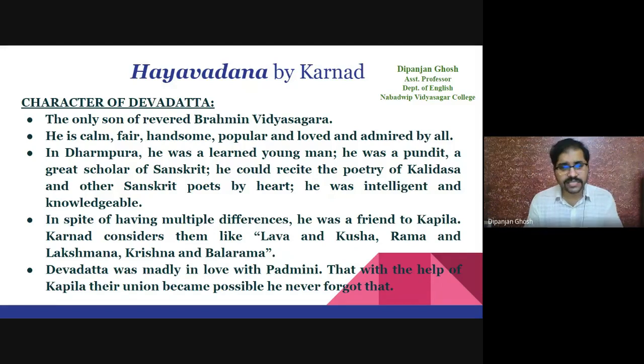Now, I'm suggesting here that this particular line has been written that in spite of having multiple differences, these differences are very important so far as the text is concerned. What kind of differences are there? You have to keep it in mind. So I will discuss it later. So in spite of having multiple differences, he was a friend to Kapila.